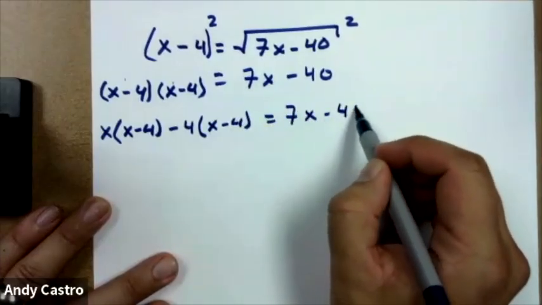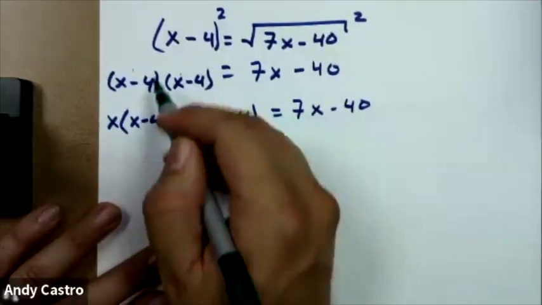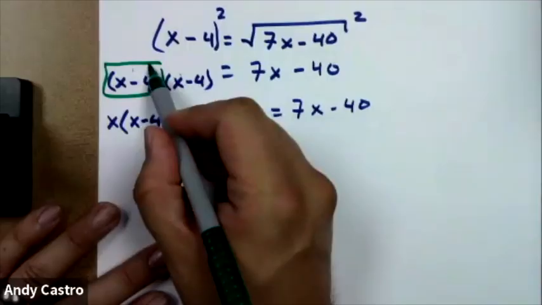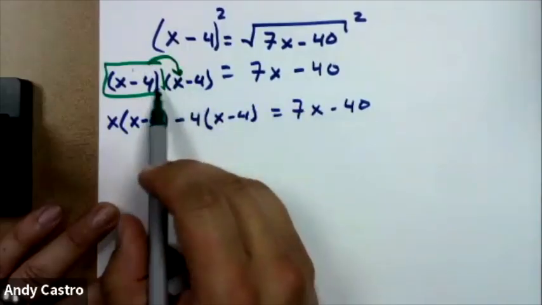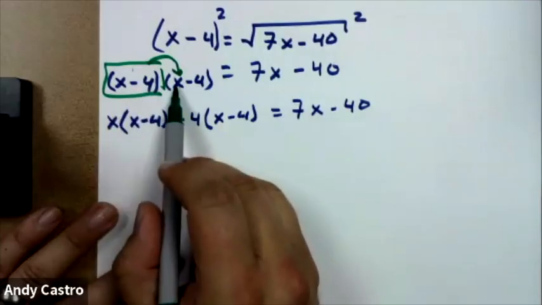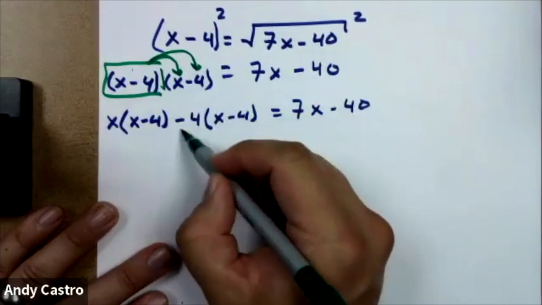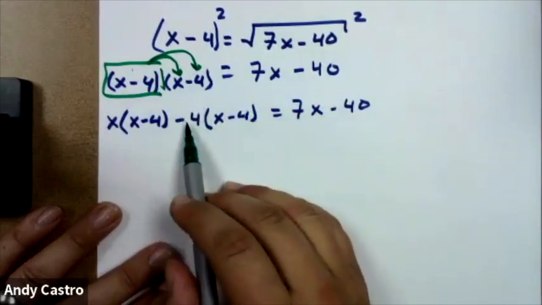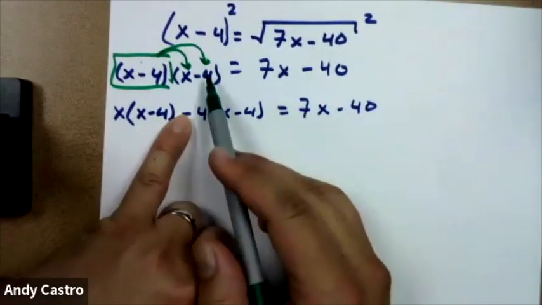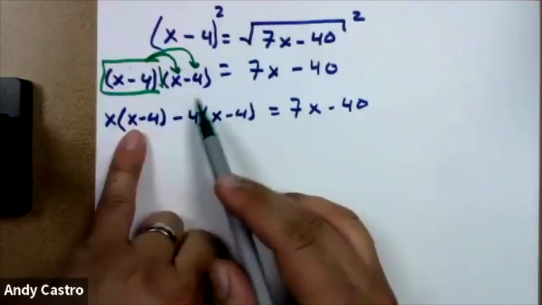Okay. And I've written it a little bit differently. This is multiplied by this, but I wrote the x first because I can multiply these two things in any order. And then this multiplied by the -4, so I put the -4 here. The reason I did that is if the negative stays here and I put the 4 over here, then I have to multiply the 4 in, then the negative in.